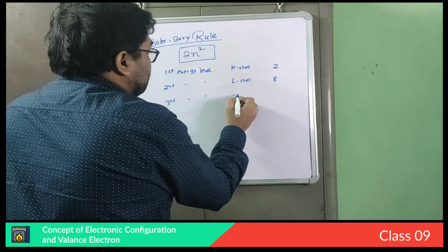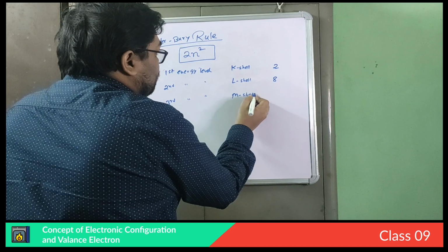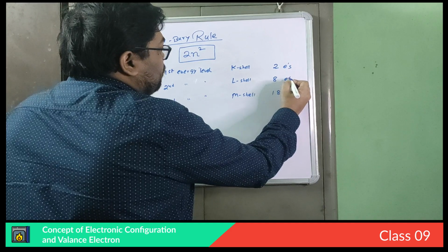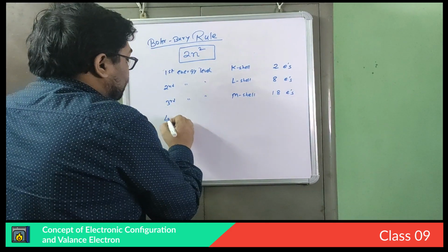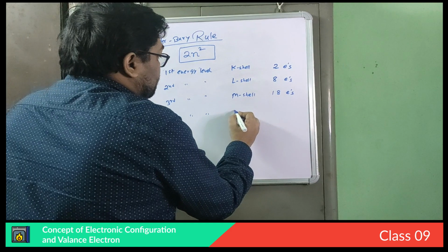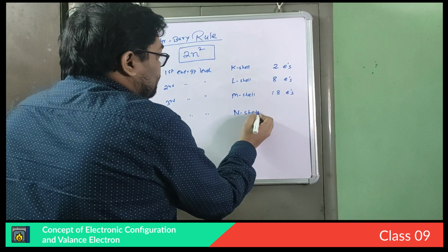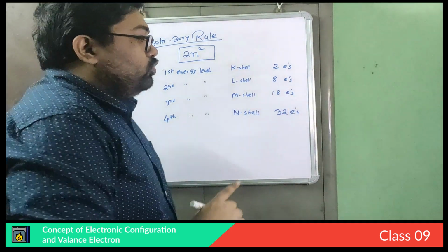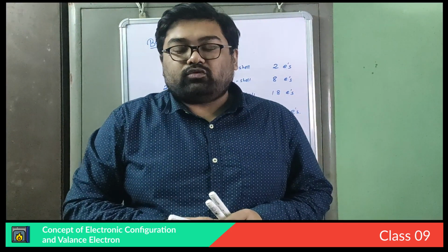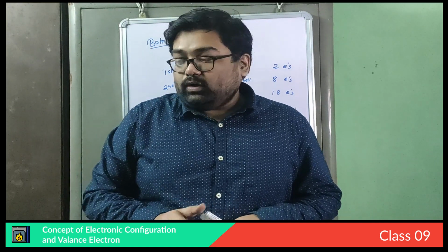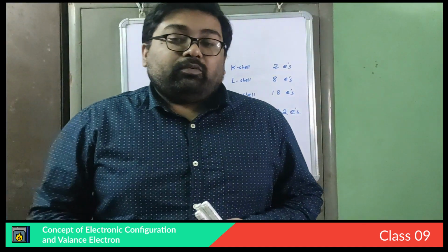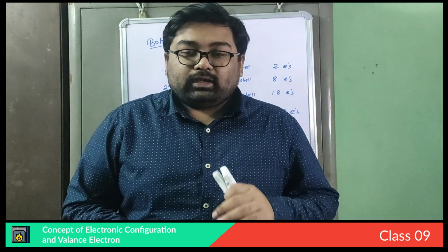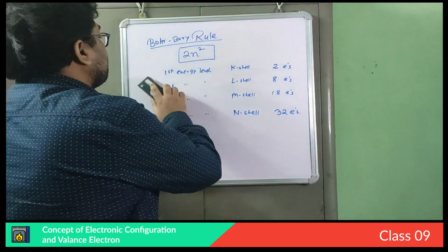Similarly, the third energy level, that is the M shell, will accommodate a maximum of 18 electrons. And for the fourth energy level, that is the N shell, it will accommodate a maximum of 32 electrons. 2 into 4 square, that means 32 electrons. So in this way, you can accommodate the number of electrons in a particular shell, that is in K shell, in L shell, in M shell, and so on. Okay.